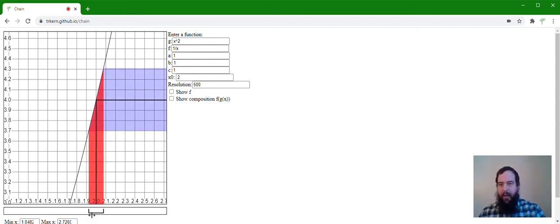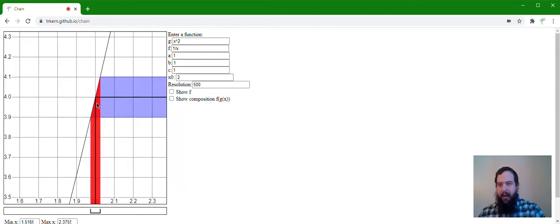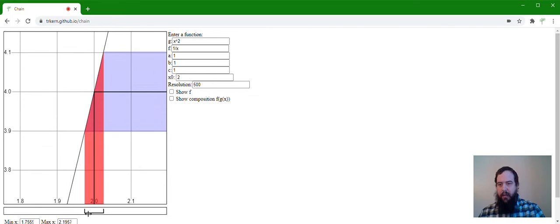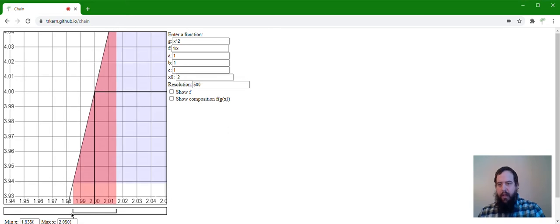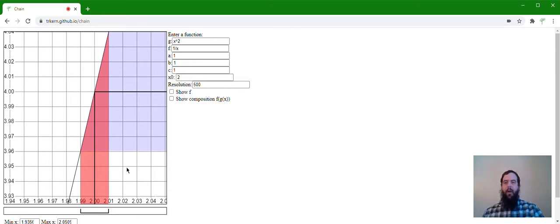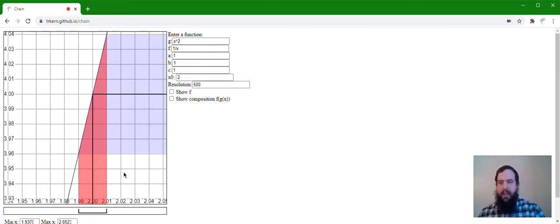When we narrow in close enough, let's narrow in again for a moment. This time we've zoomed in by a factor of 10. We're going between 1.99 and 2.01 for our range of inputs.